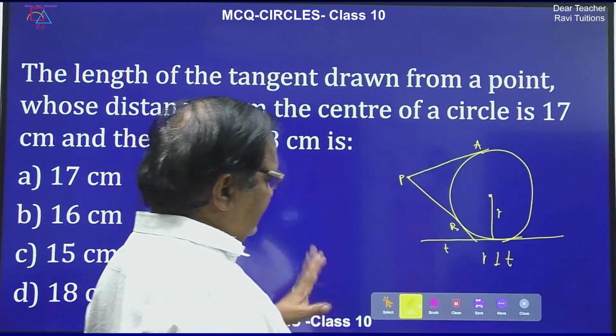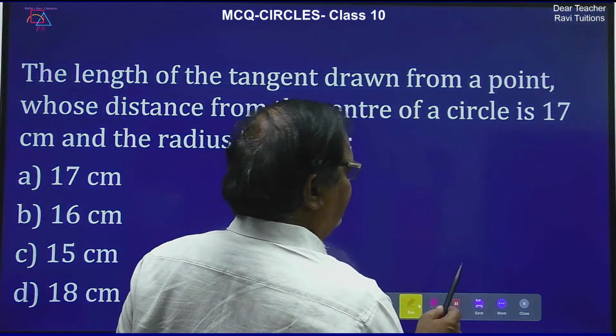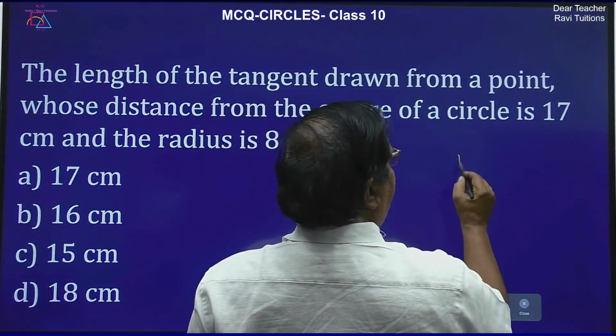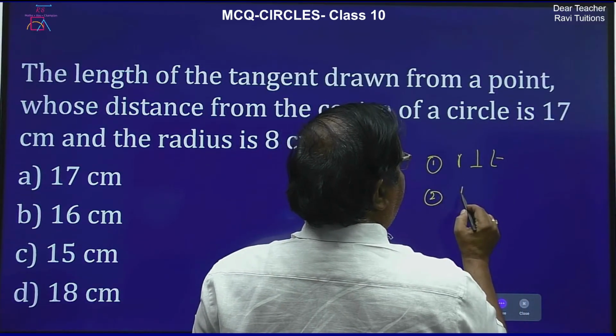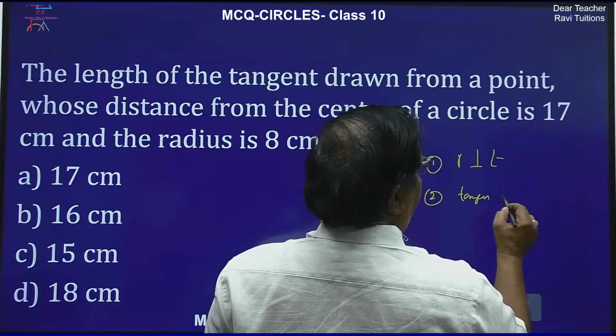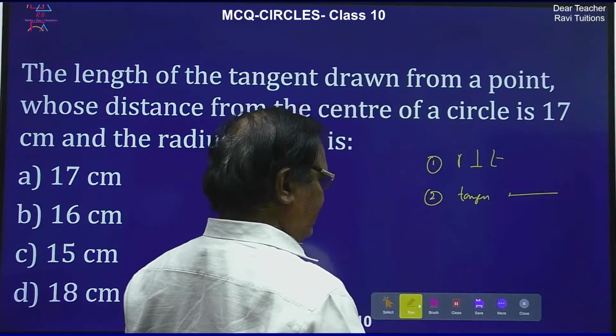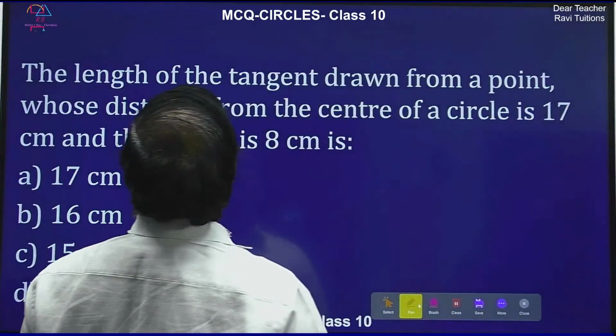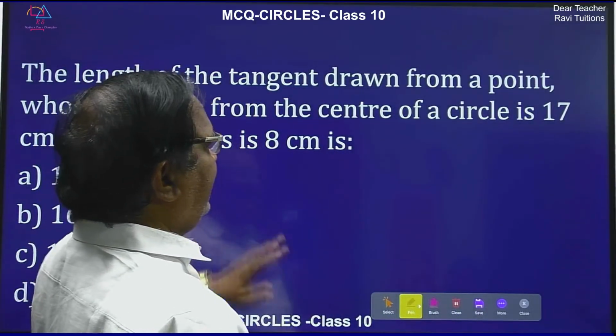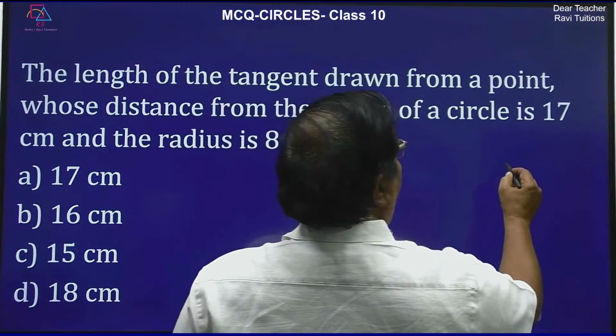So these are the concepts. First one is the radius is perpendicular to the tangent. Second one is tangents from an external point are equal. These two are the main points. Now let us see this question. The length of the tangent drawn from a point.